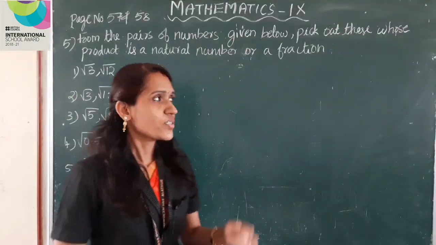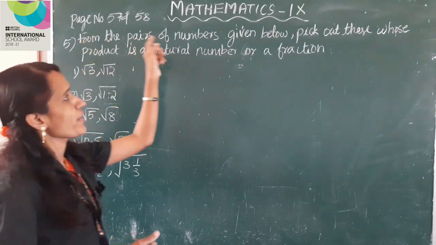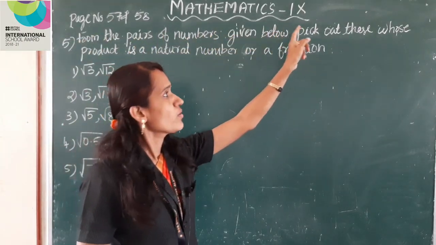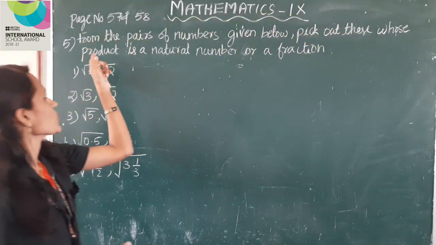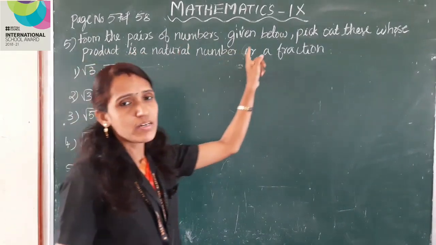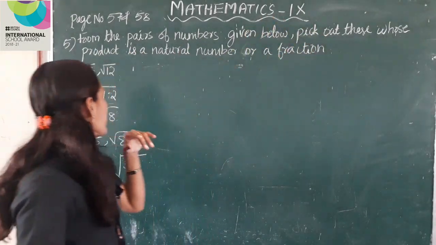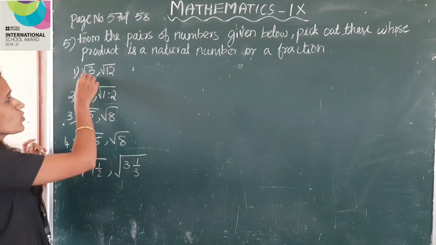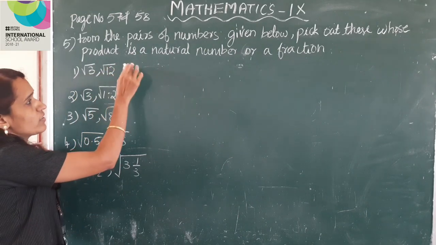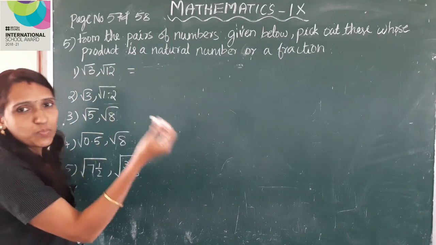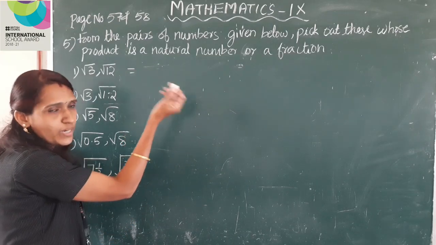Clear? Next, from the pairs of numbers given below, pick out those whose product is a natural number or a fraction. First sub question, root 3, root 12. Product means multiplication.